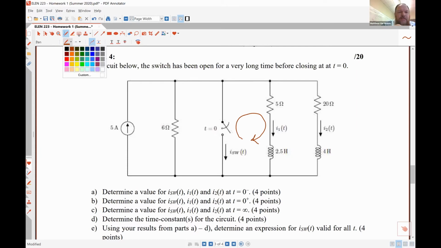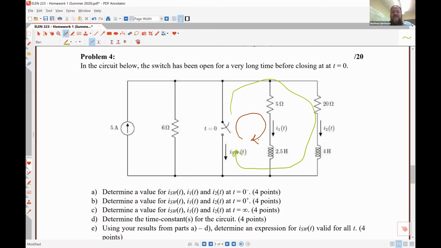And similarly, the inductor current I2 is going to flow around in this path, right? So in both cases, the inductor is going to see that short circuit from the switch, and it's not going to see any other viable path for current to take. So this is still a first order circuit, even though it has multiple inductors in it, because the inductors don't interact with each other once that switch closes.